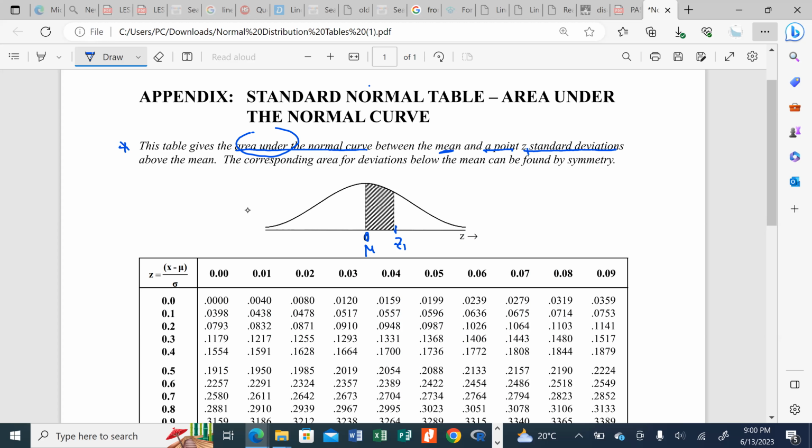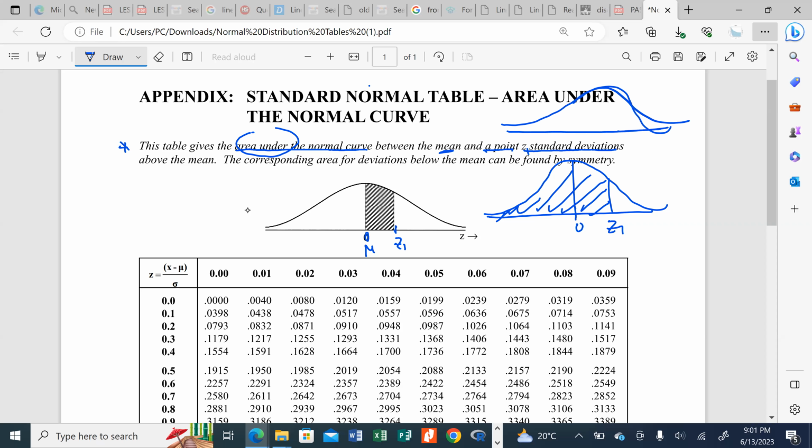So there are other tables which will give you this area, that one. So this is 0, this is Z1. So they give you the cumulative area from minus infinity to a point Z1 standard deviations above the mean. Other tables will give you this area.